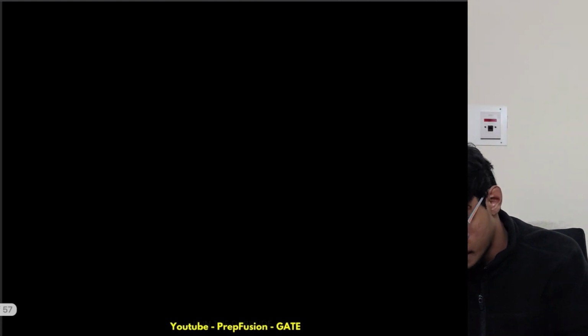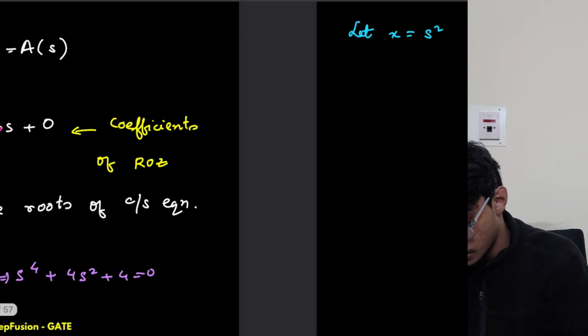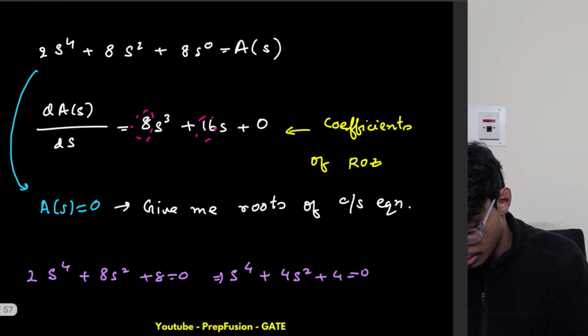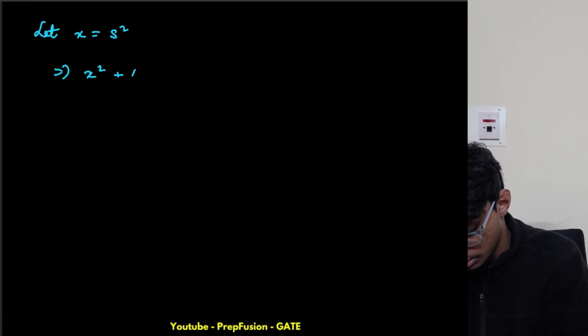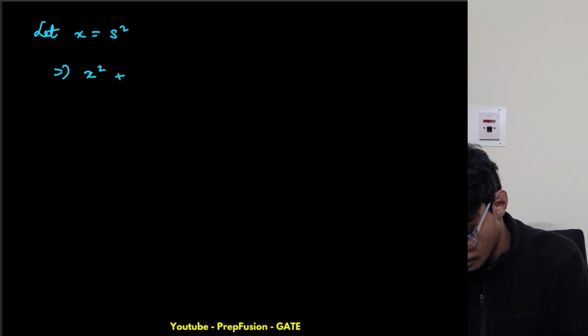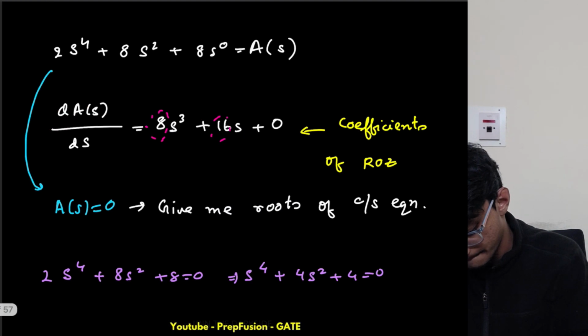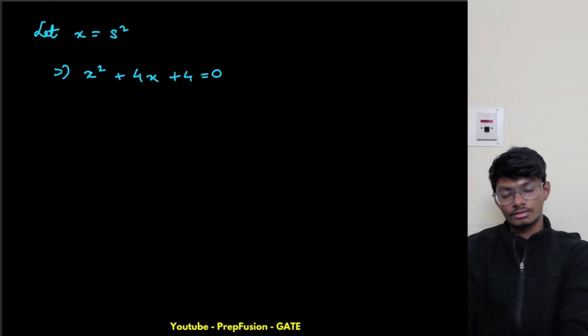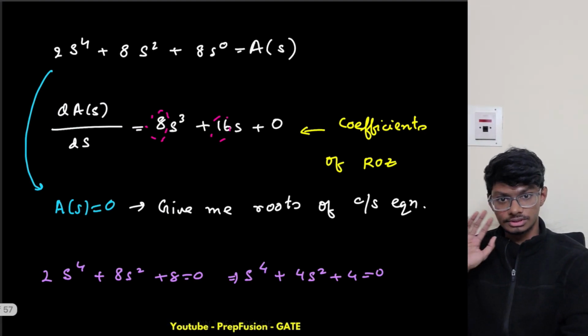So let x equal s square. After replacing in this equation, it becomes x square plus 4x plus 4 equals 0.